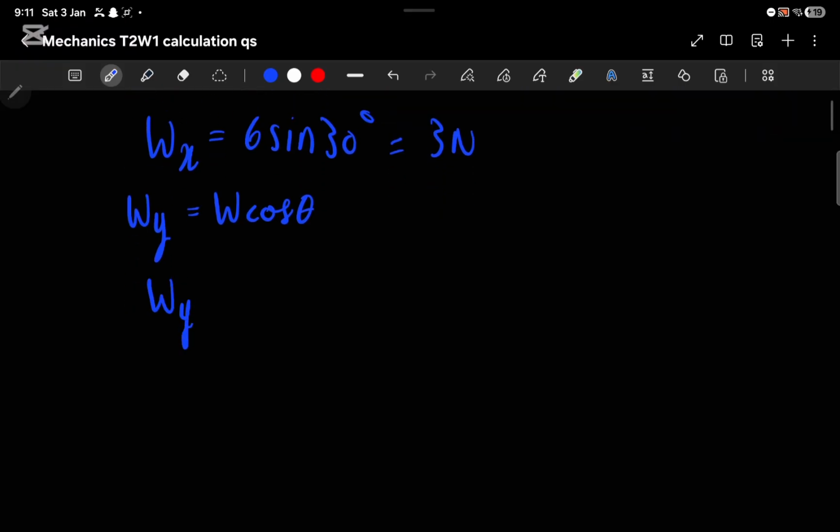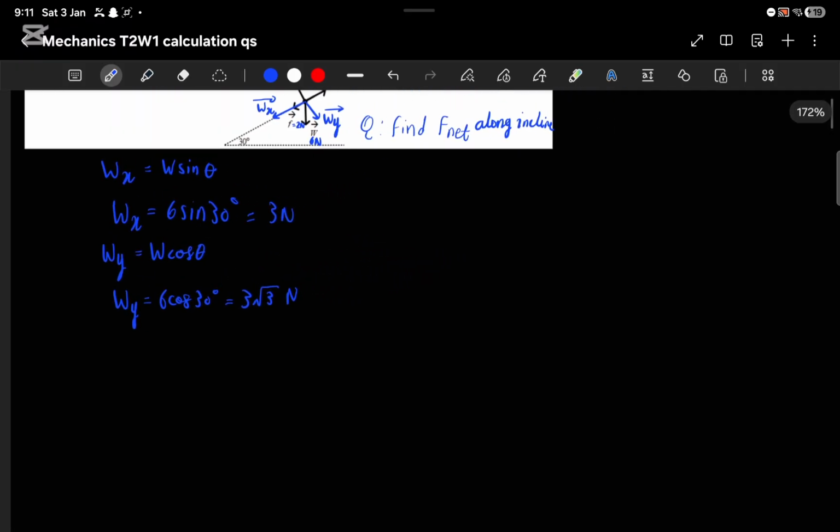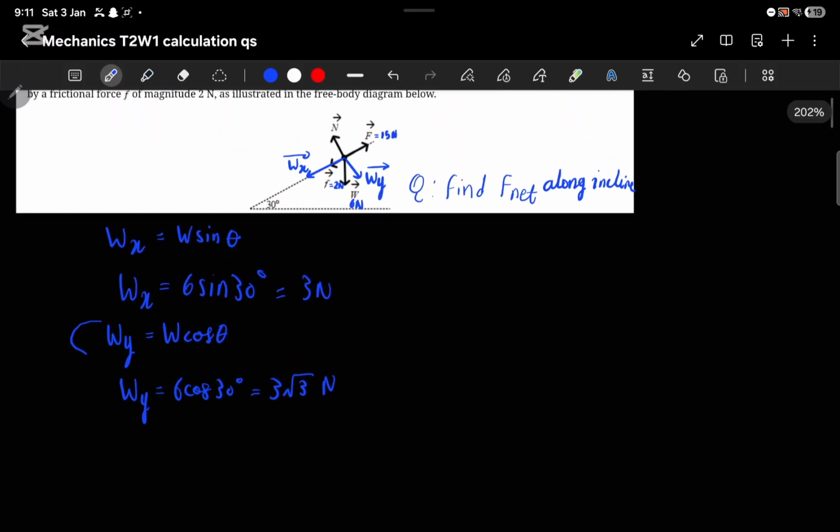Wy in this case is going to be 6 cosine 30, which is cosine 30 is radical 3 over 2, so 3 radical 3 newtons. Let me just make sure. 6 cosine 30. Yes, 3 radical 3 newtons. Now, we don't really need this part here. I just did it to show you something.